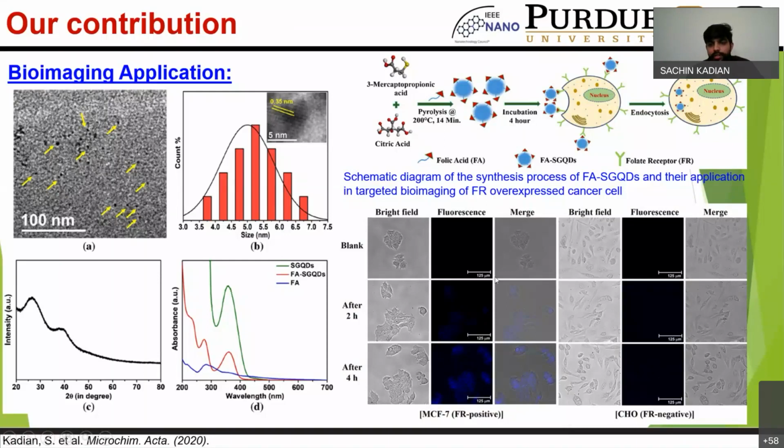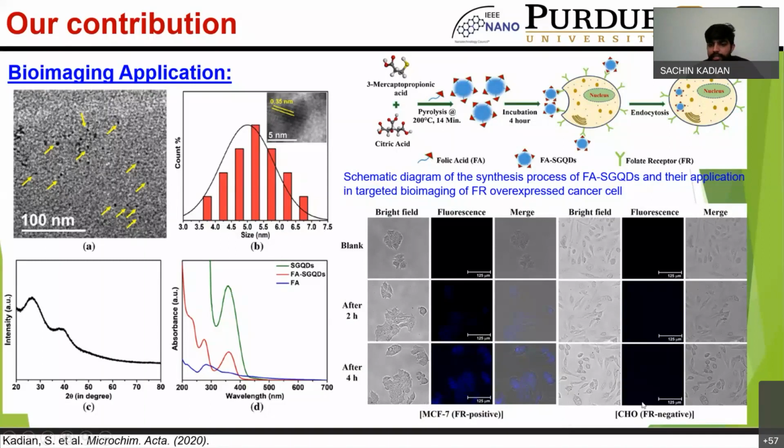After the incubation of 2 hours, these cells were showing some kind of blue fluorescence. But after four hours, they were quite good in color, showing that SGQD has been taken up by the cells, and we can say that our synthesized process was working quite well.